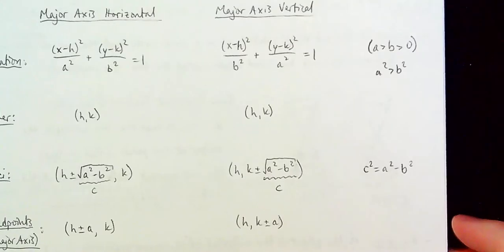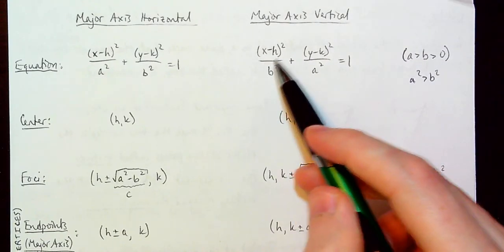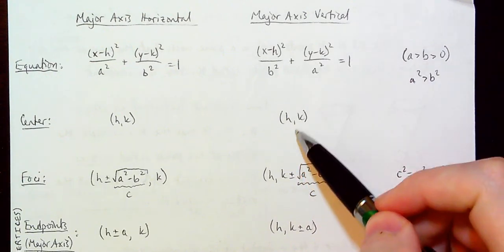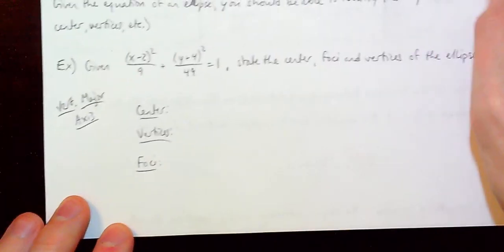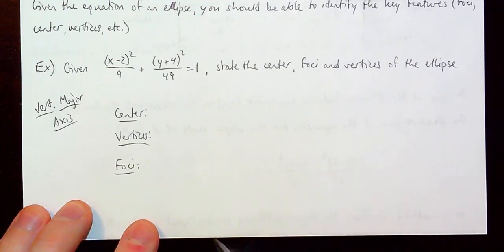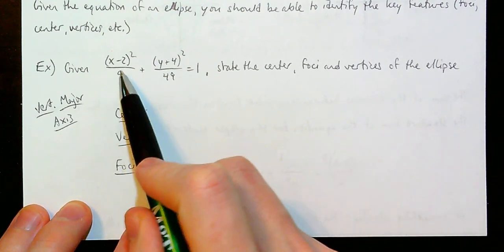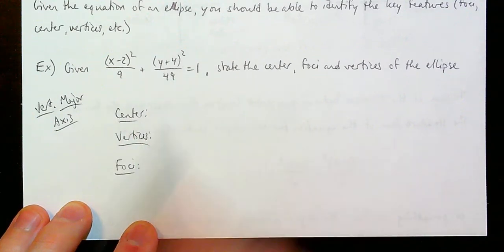So we're looking at our general equation form up here, (x minus h) squared, (y minus k) squared. When that happens, the center point is h comma k. So if I go down here, I have x minus 2 squared plus y plus 4 squared.